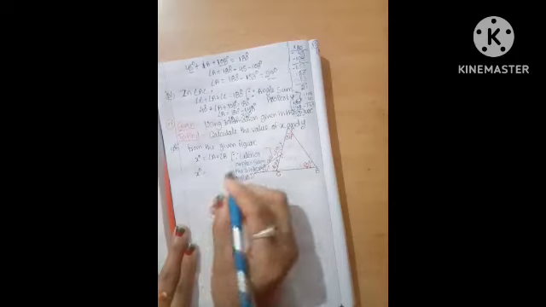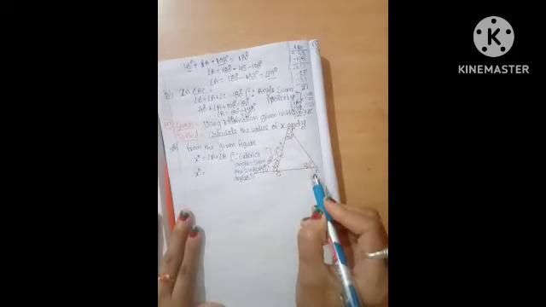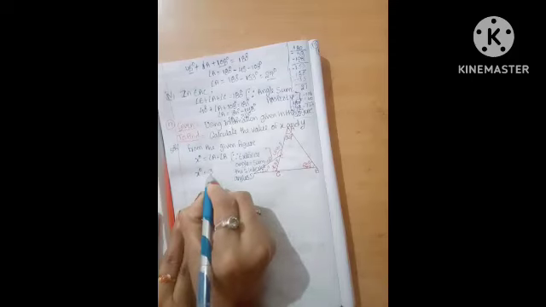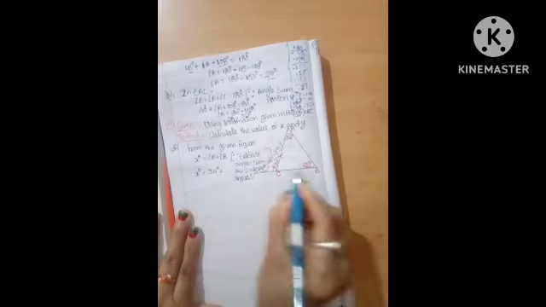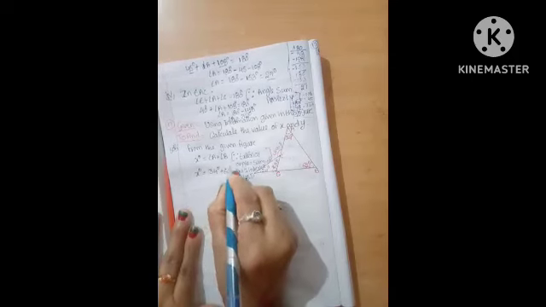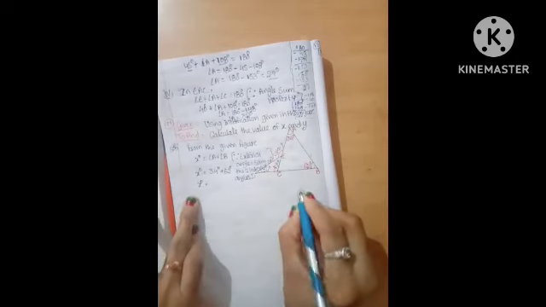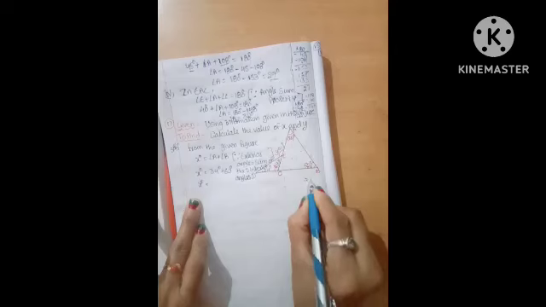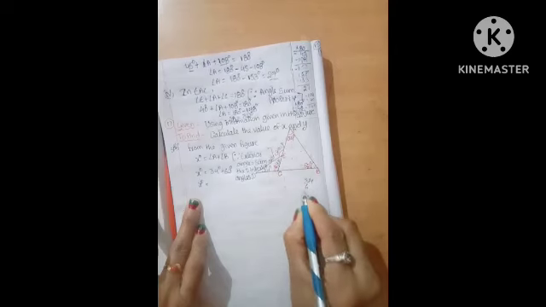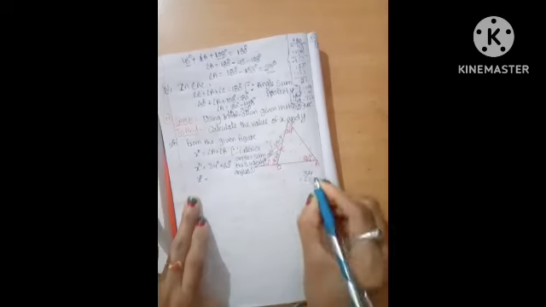x degrees is equal to the sum of these two angles. Angle A is equal to 34 degrees and angle B is equal to 62 degrees. The sum of these two angles gives us x degrees. 34 degrees plus 62 degrees.